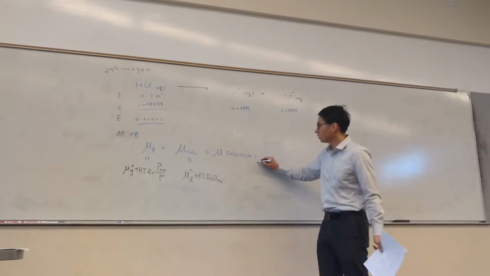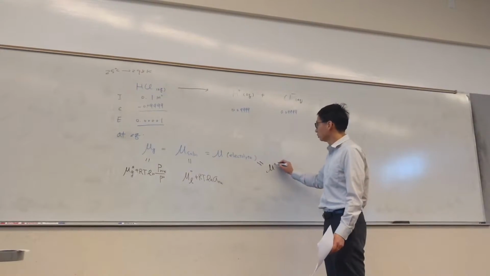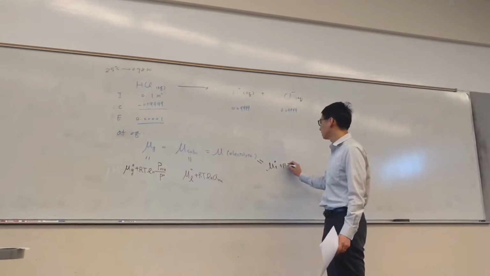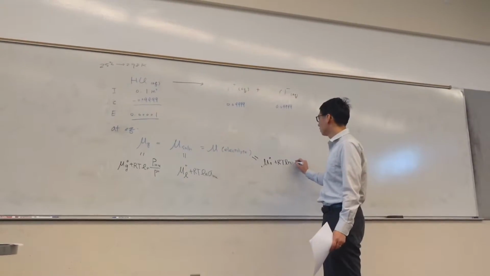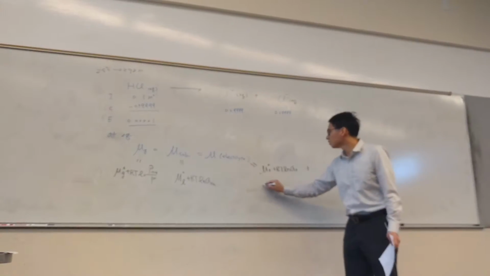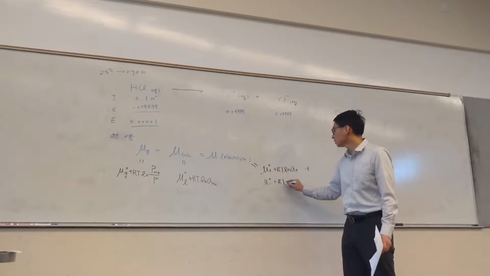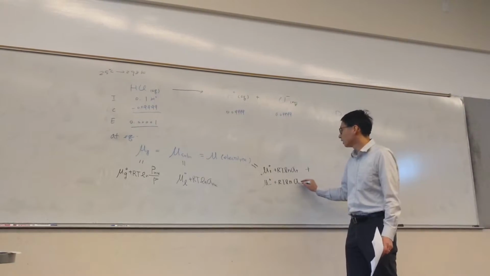And for your electrolyte, this equals mu_plus naught plus RT ln a_plus, plus mu_minus naught plus RT ln a_minus.